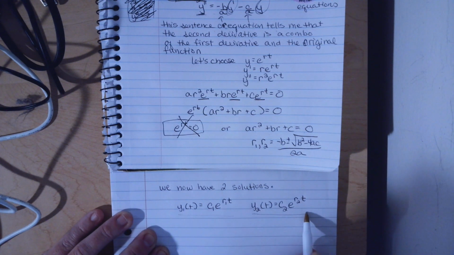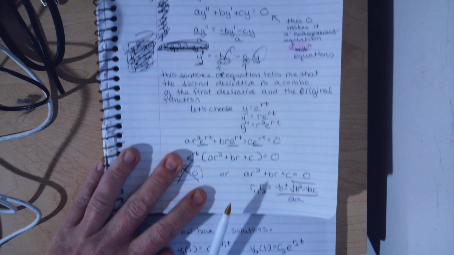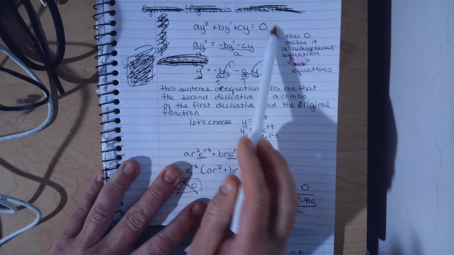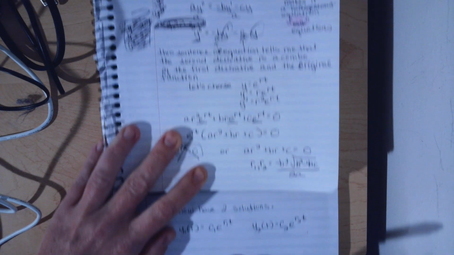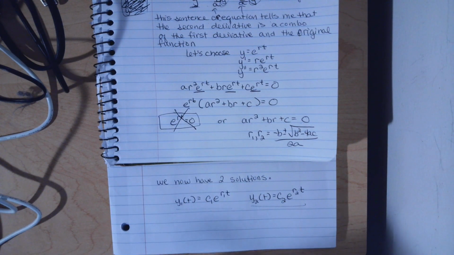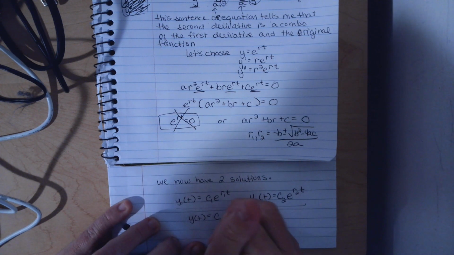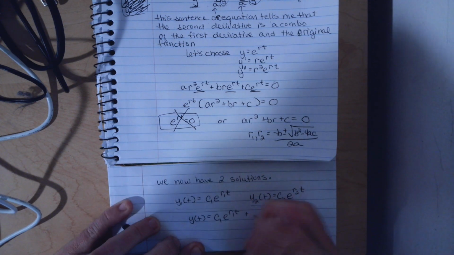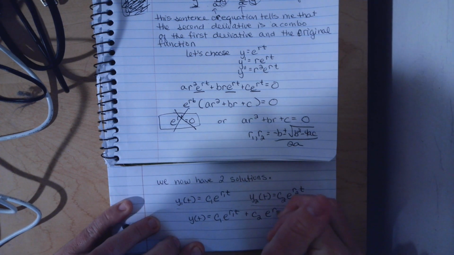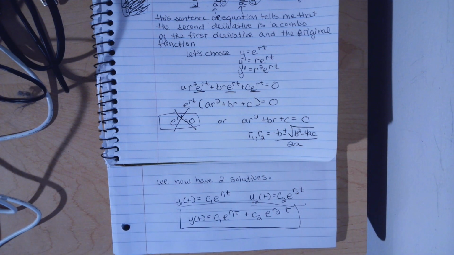Either one of these will solve our original equation way up here. And we write the general solution as a combination of them both. So our y of t equals c1 e to the r1t plus c2 e to the r2t. And that is your answer. Fantastic.